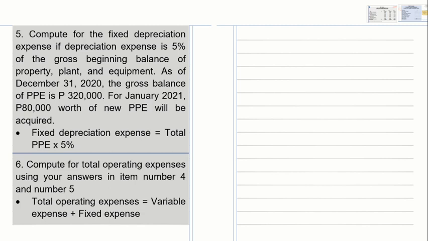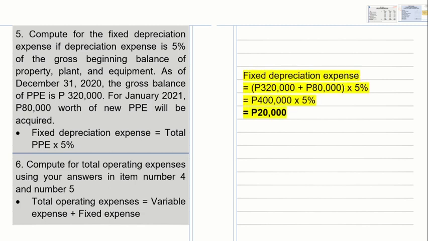So, natay ending balance as of 2020, which is 320,000. Then, mo purchase man ta on 2021, mo purchase ta og 80,000 worth. So, naatay 400,000 nga PPE. So, times 5%, ang atong fixed depreciation expense will be 20,000.